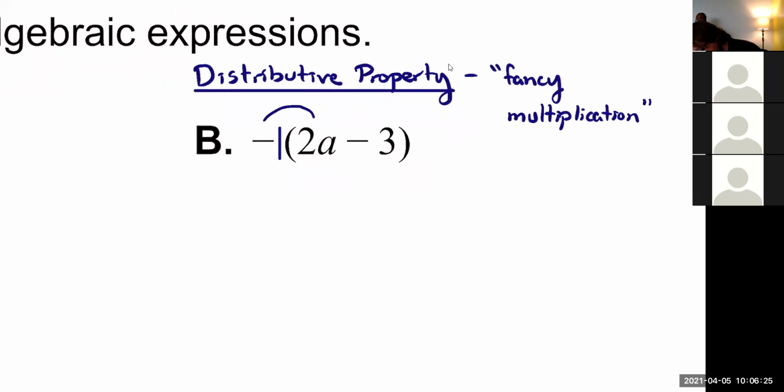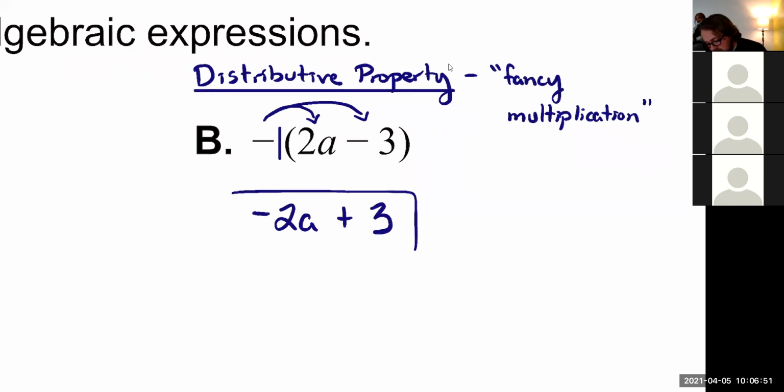So what's -1 times 2a? -2a. And what's -1 times -3? +3. Cool. That took care of the parentheses that were catching my eye. Now can I combine these? No. Why not? They're still not like terms. One has a variable a, the other has no variable whatsoever. This is as far as I can take this one.